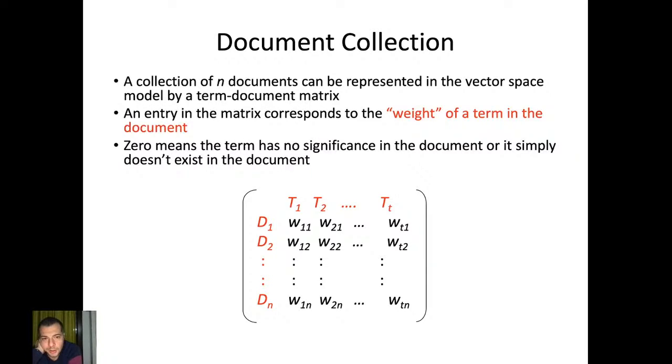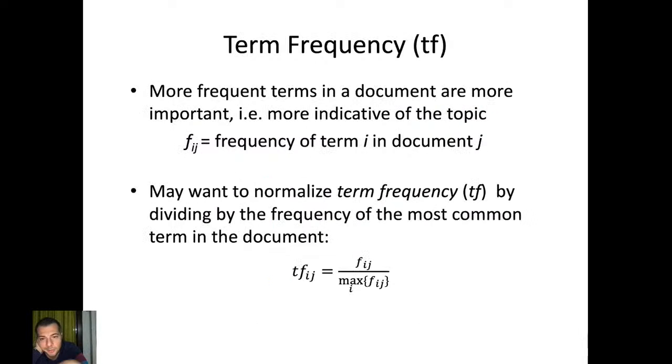Okay, so we can also have some weights that are equal to 0, which means that the term has no significance in the document. This is the case when a term does not appear in a document, its weight will be 0. All the weights that are higher than 0 mean that the term has some significance for the respective document.